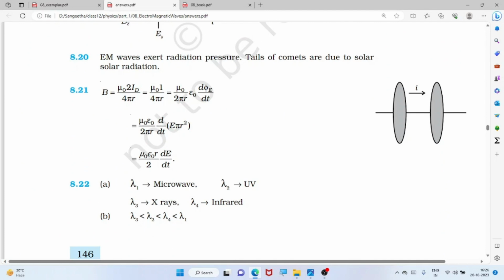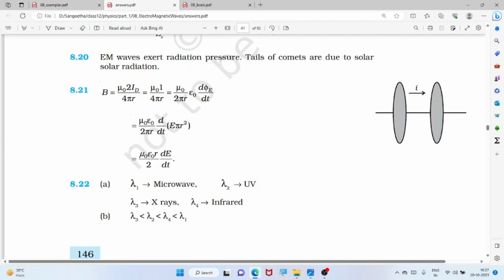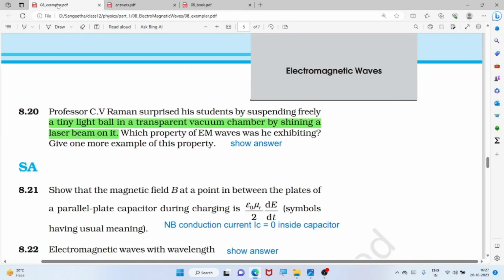EM waves exert radiation pressure. Another example is the tails of comets. I have attached some reference videos in which radiation pressure and a demo of it are given. You can go through that.